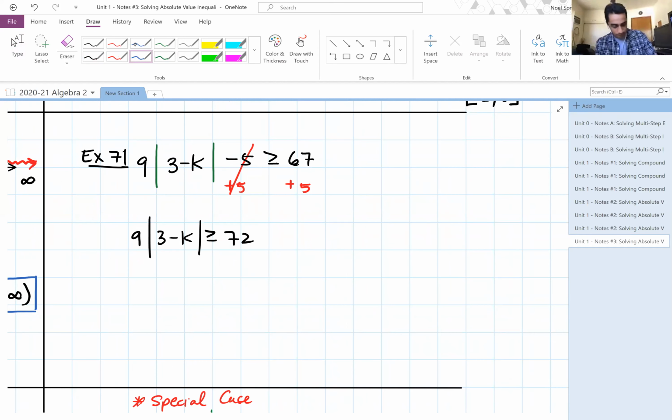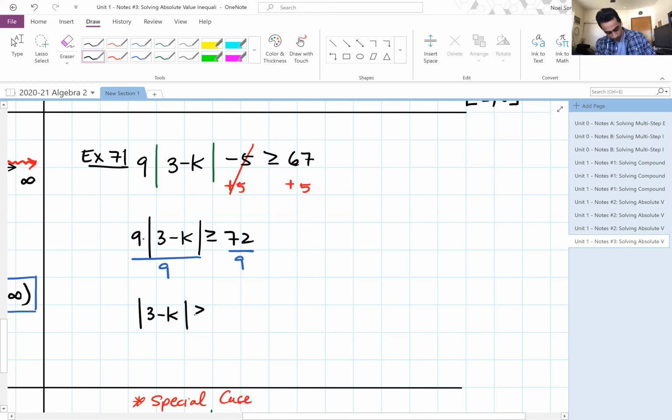Okay. What do we do now to get rid of the 9? Divide by 9, right? So let's divide by 9 on both sides. So we have absolute value of 3 minus k, which will be greater than or equal to 8.